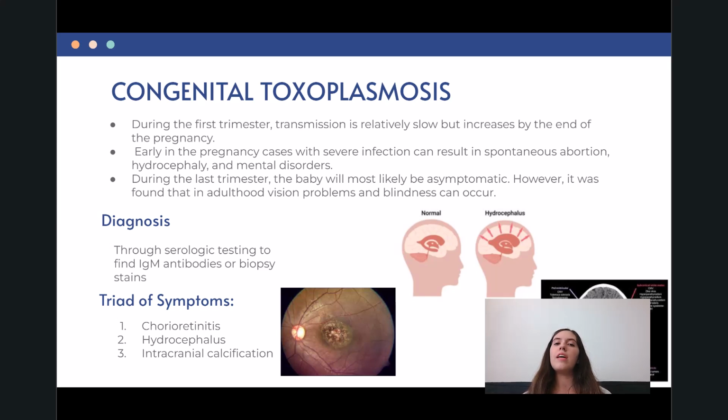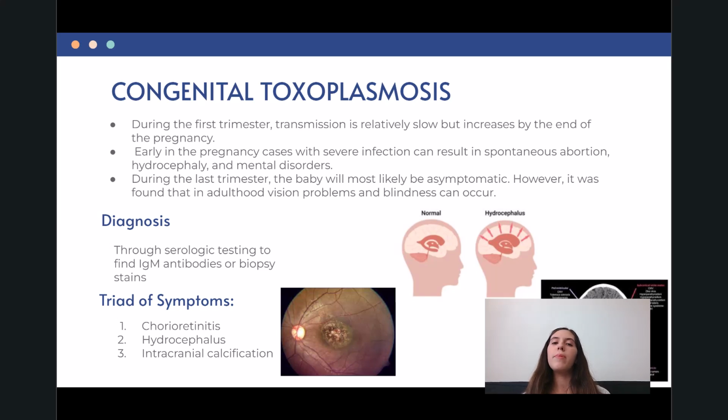And this can result in spontaneous abortion, which is miscarriage, hydrocephaly, and mental disorders. And then during the last trimester, the baby will most likely be born asymptomatic. However, it has been shown that those babies in adulthood can develop vision problems, and sometimes blindness can occur.